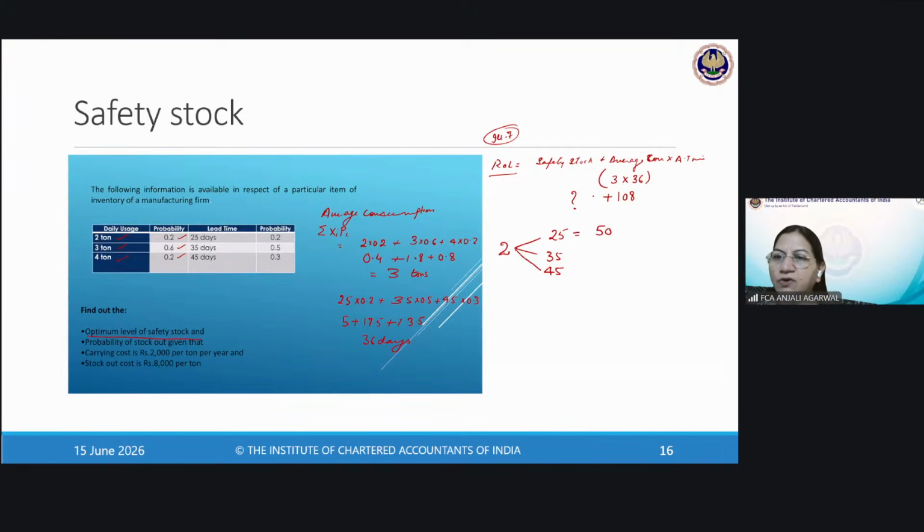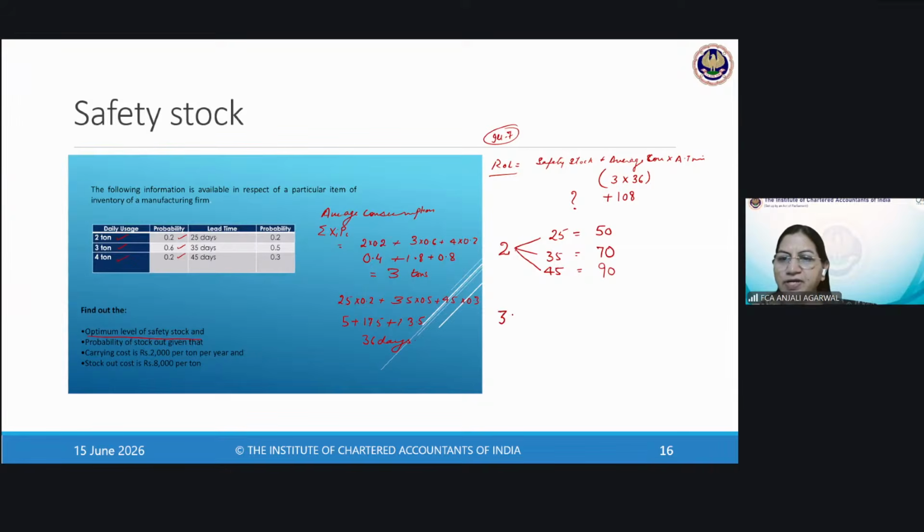But you already are ordering at 108 plus something, so you are safe, no problem. 2 into 35, your consumption in the lead time would be 70. Absolutely safe because 108 is the minimum reorder level plus some safety stock. So 108 will easily last this 70. 2 into 45, 90. 90 is again less than 108, which means you are still safe.